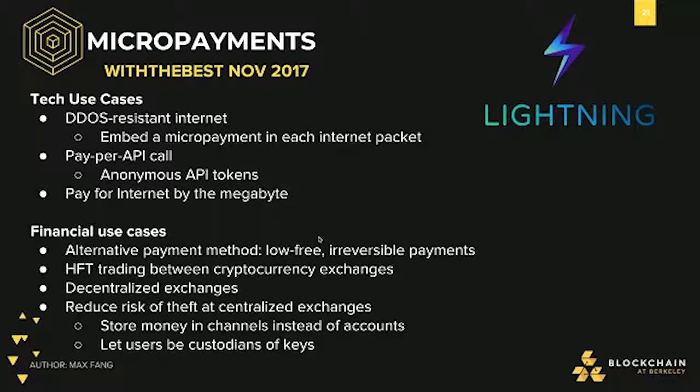That's all possible with Lightning, and it's also totally possible to implement a completely decentralized exchange between a number of cryptocurrencies fully on Lightning, with an order book and what have you. Also, Lightning reduces the risk of theft at these centralized exchanges.